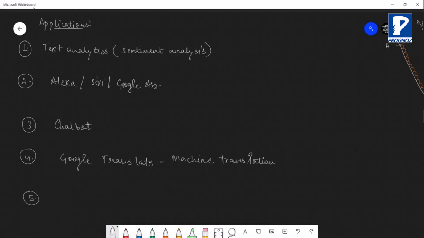And finally, you have something known as name entity recognition. Fine. These are most commonly used applications of NLP and RNN, you can say.